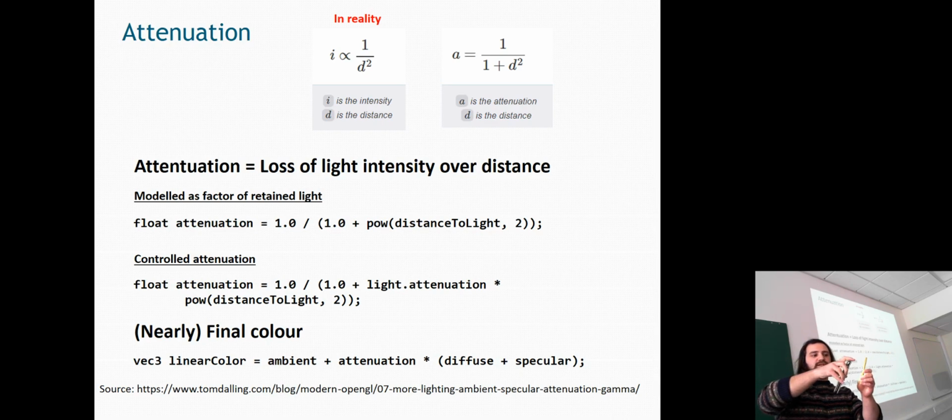So except for the directionality and the angles, what we need to consider is also the physical distance between the light source and the point we're considering. In reality, it's just 1 over distance squared.